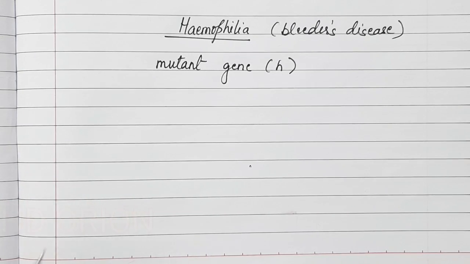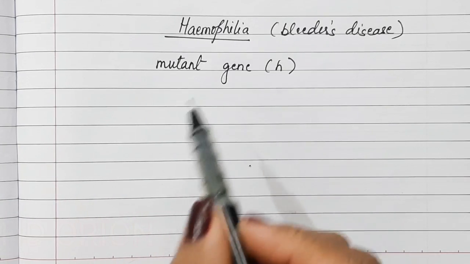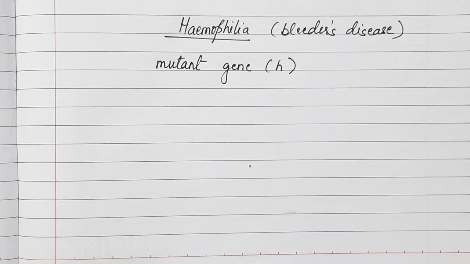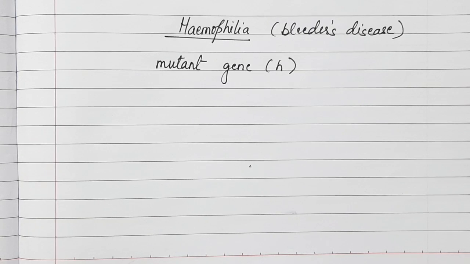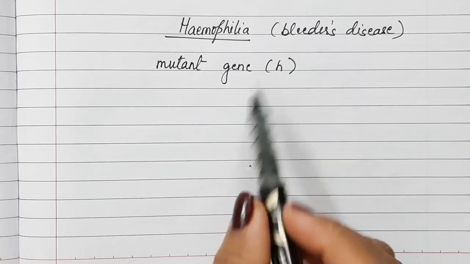People who suffer from this disease do not have the capacity of clotting of blood. In addition to injuries, persons suffering from hemophilia suffer from internal bleeding as a result of normal activity. So it is called Bleeder's disease.